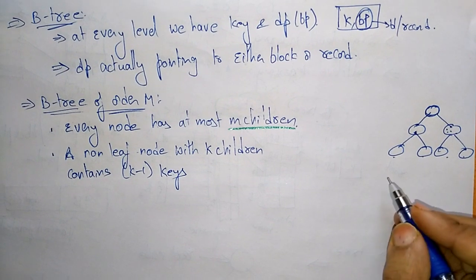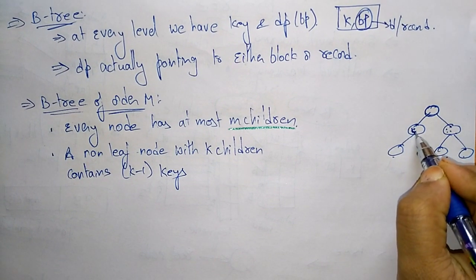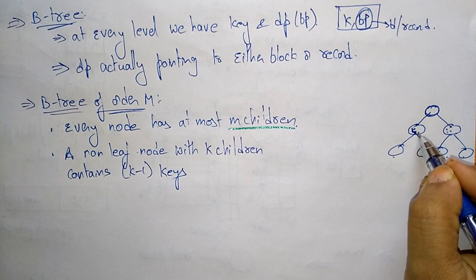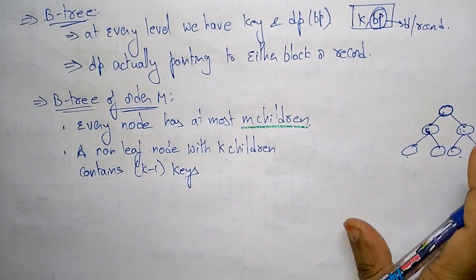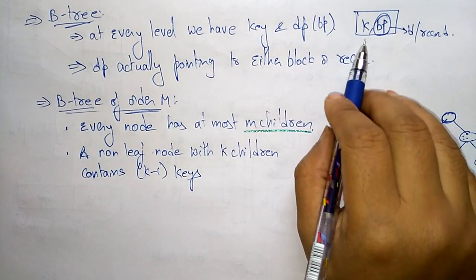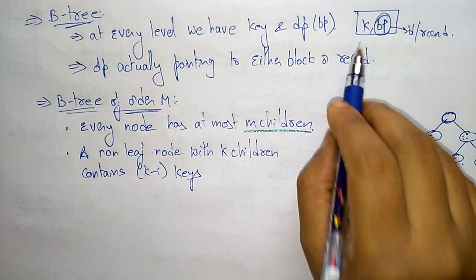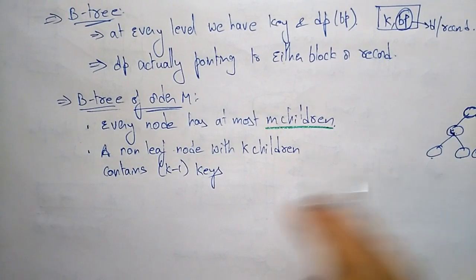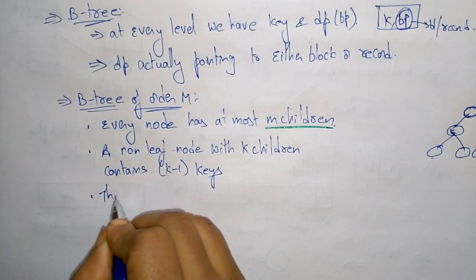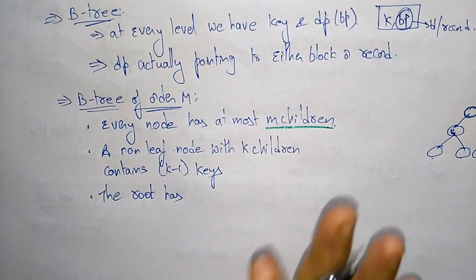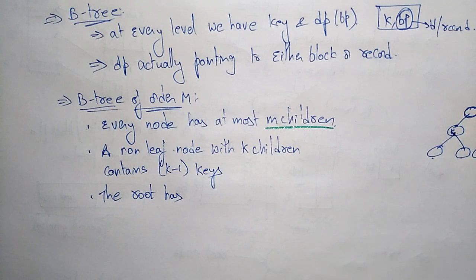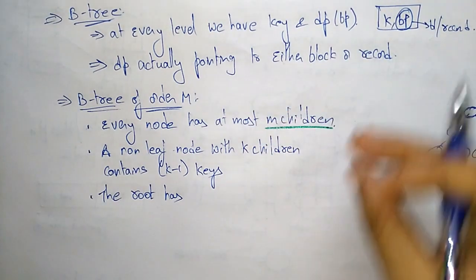So that non-leaf node with k children can contain at most k minus 1 keys. There should be at most k minus 1 keys. So I said each node is having the key and the block pointer, so that key count should be at most k minus 1 keys. Next, I'll take the example. If you see the example, then you will understand what these points mean. I'm just giving the brief description about the B tree. After that we will take the example, so in that example you will understand what this k minus 1 and what this m mean.